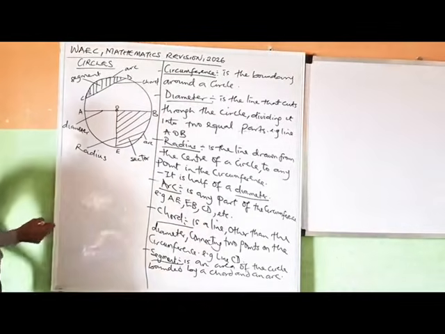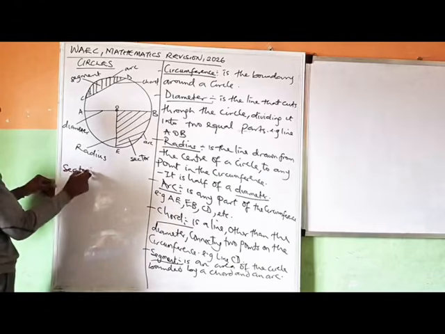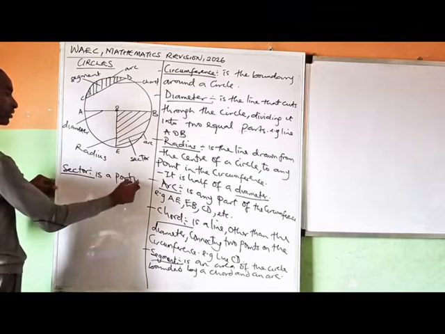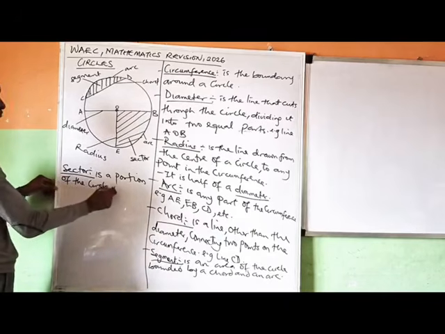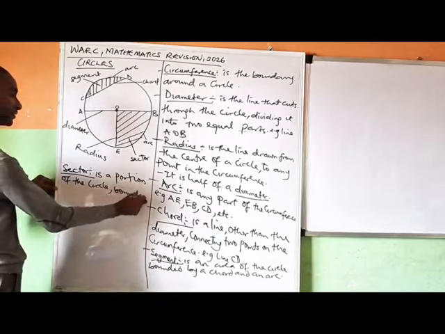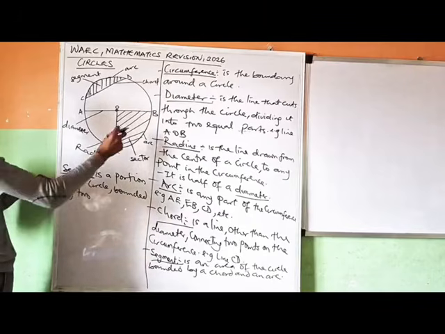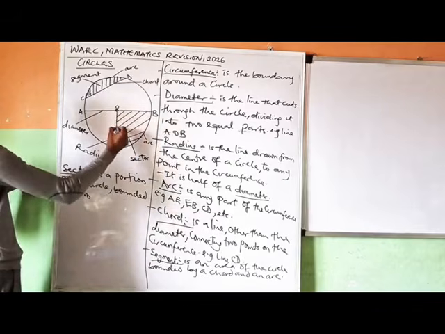Now let's talk about a sector. What's a sector? A sector is a portion or area of the circle bounded by two radii.